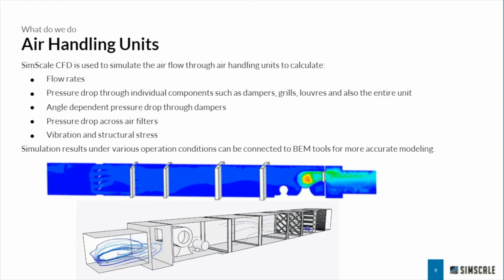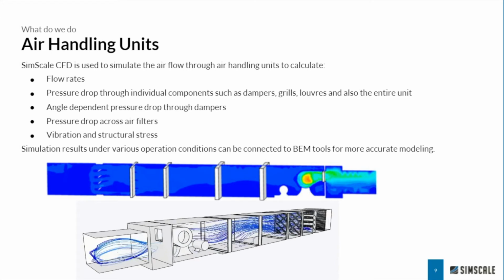So with the use of SimScale, we can put all these 20 or more components into the simulation and actually assess how they work together in the actual installation design that we propose. And we can see potential for optimization. As you can see in the lower picture, in the middle region, we have a large recirculation zone, which in general should be avoided.